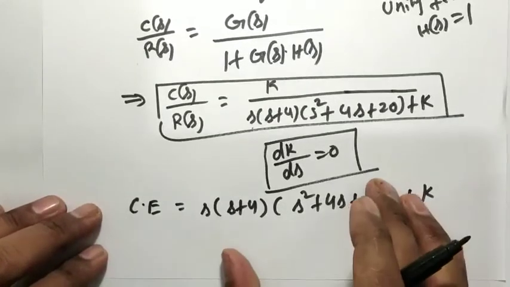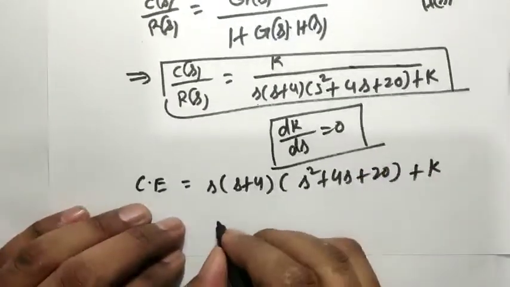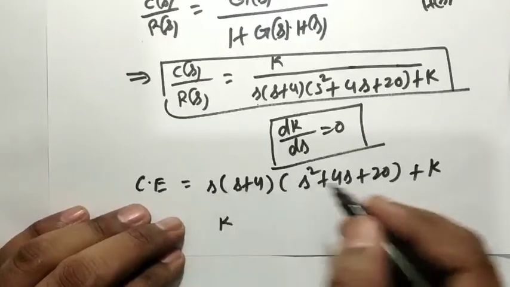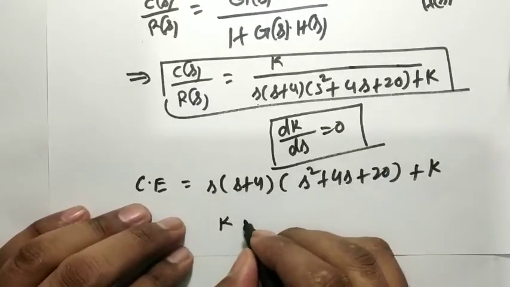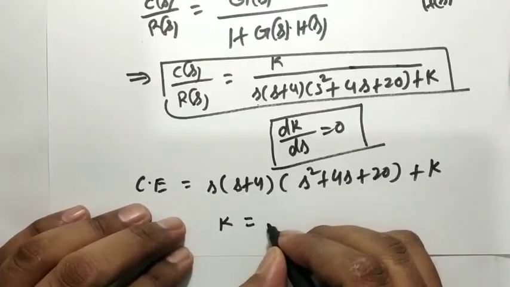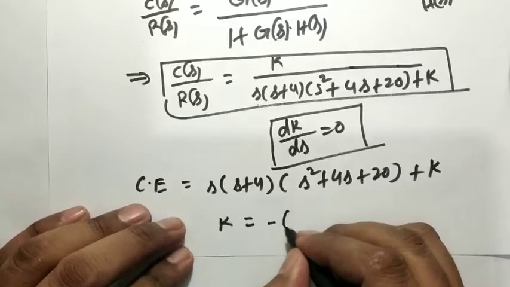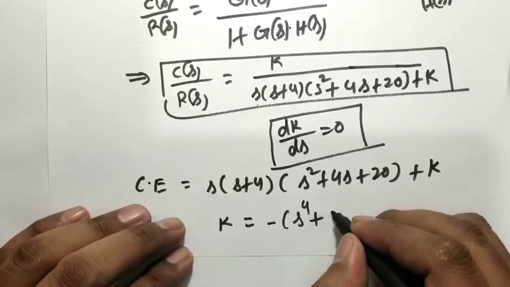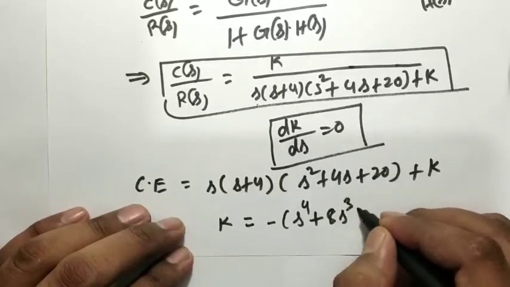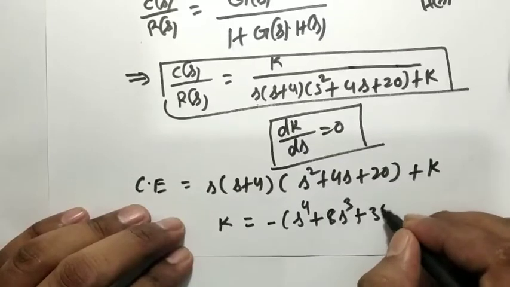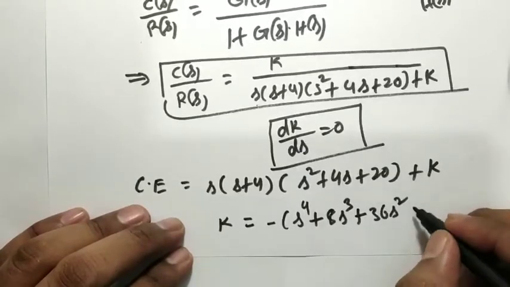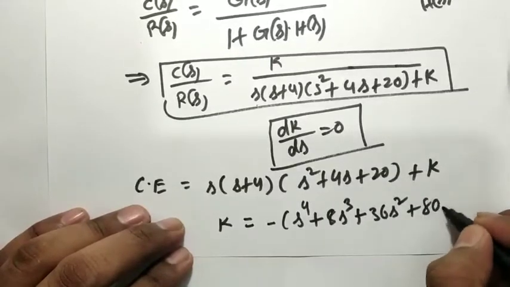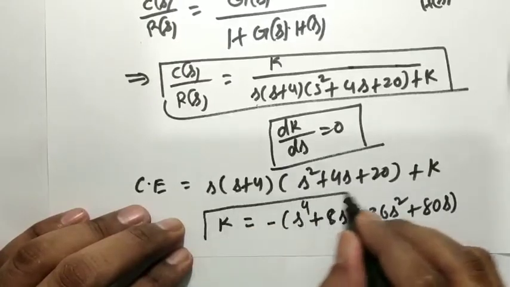Finally you will get the k value. I am writing directly: multiply out, and the k value is minus s power 4 plus 8 s cubed plus 36 s square plus 80 s.